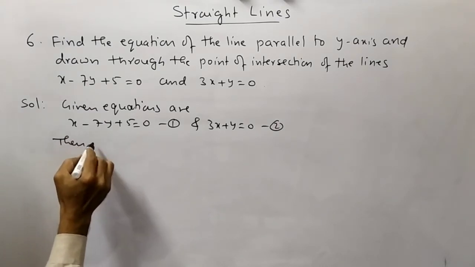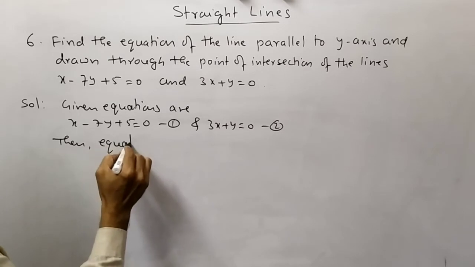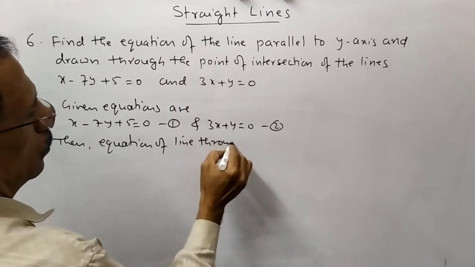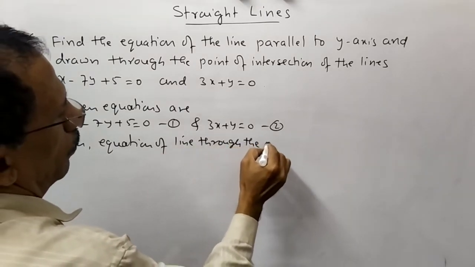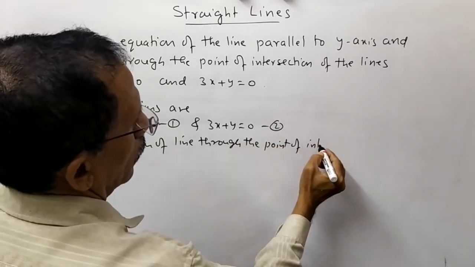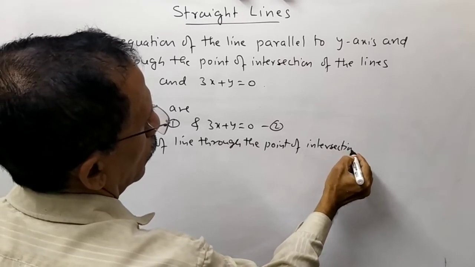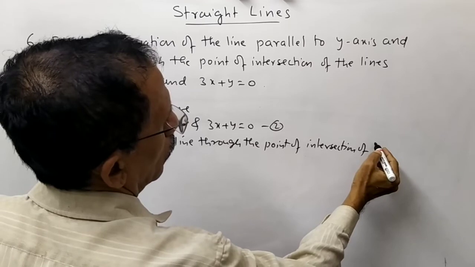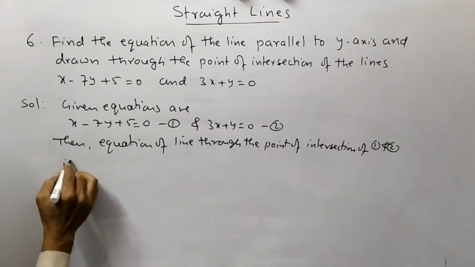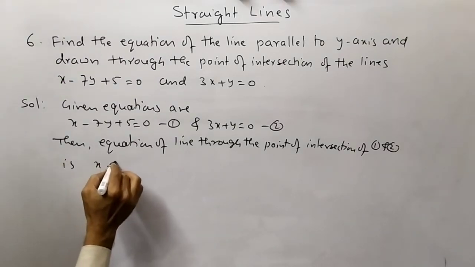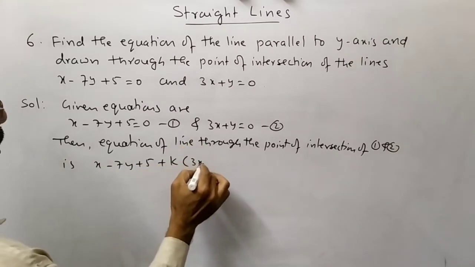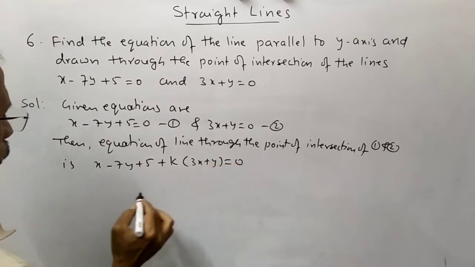Then equation of line through the point of intersection of 1 and 2 is x minus 7y plus 5 plus k into 3x plus y is equal to 0.